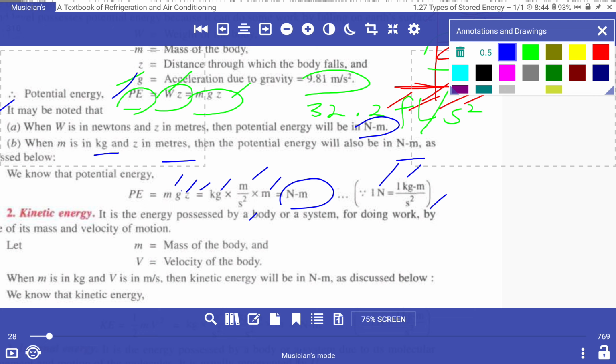This Newton here. Okay, this is the unit of potential energy, Newton meter. But the equivalent of Newton, 1 Newton is equal to 1 kilogram meter per second square.